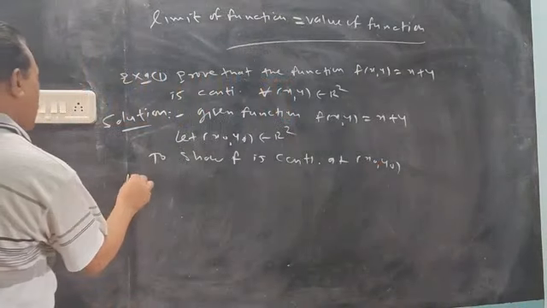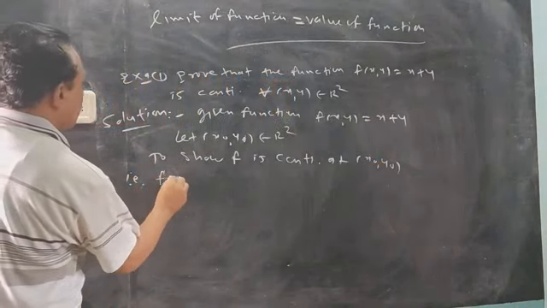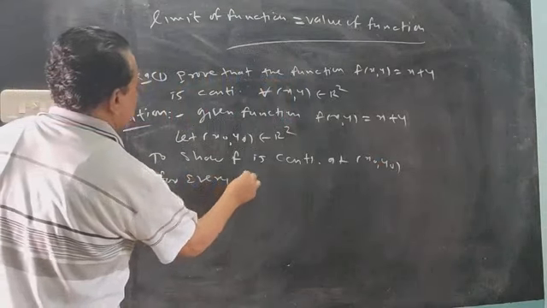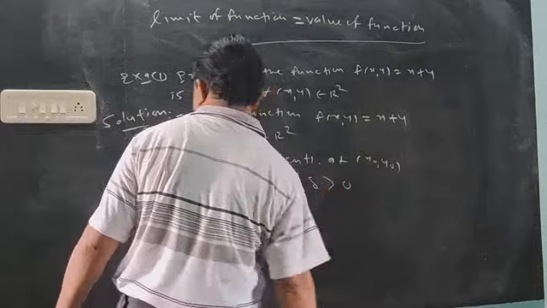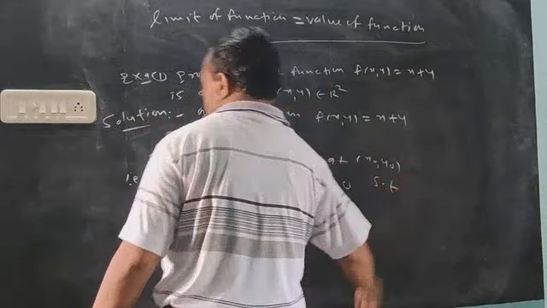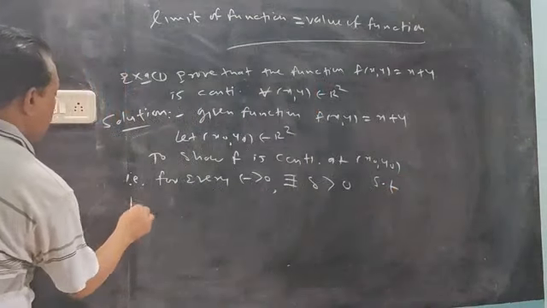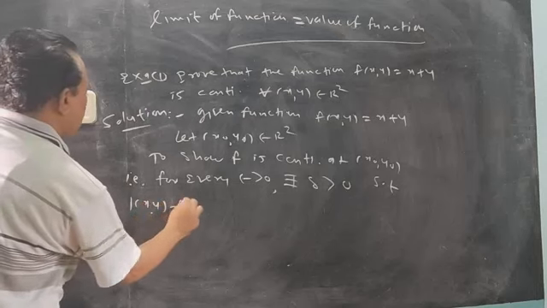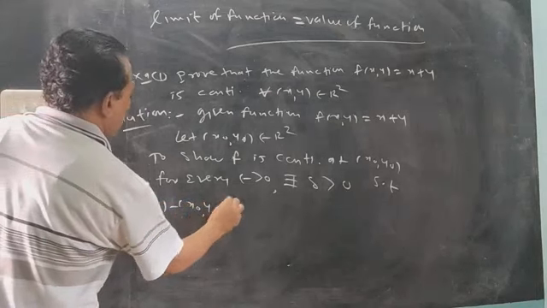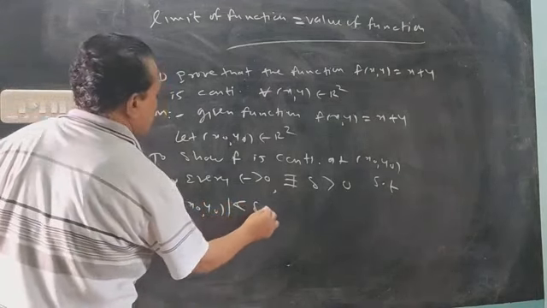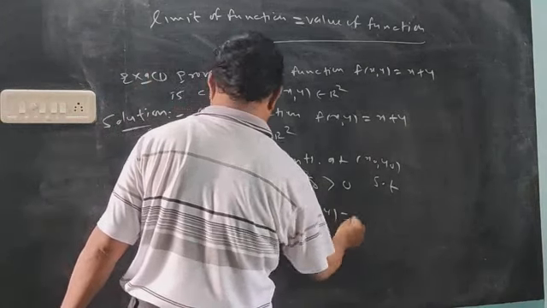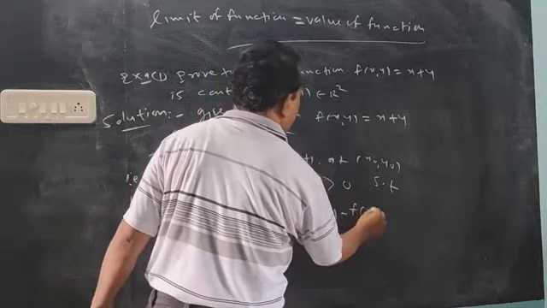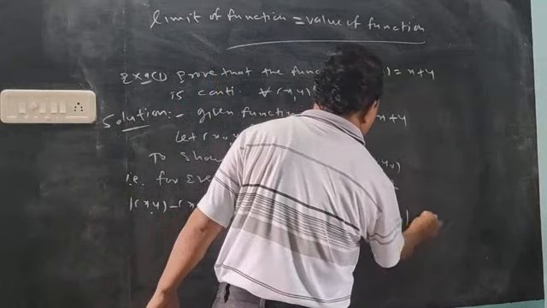That means what? For every epsilon greater than 0, I want delta greater than 0 such that mod of the pair xy minus the pair x0 y0 is less than delta, then mod of f of xy minus f of x0 y0 is less than epsilon.